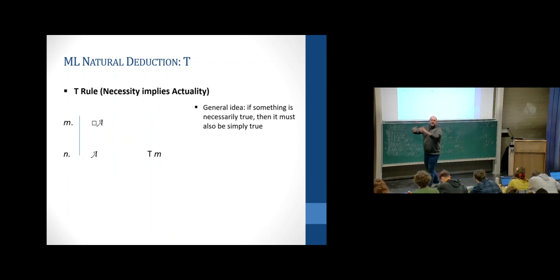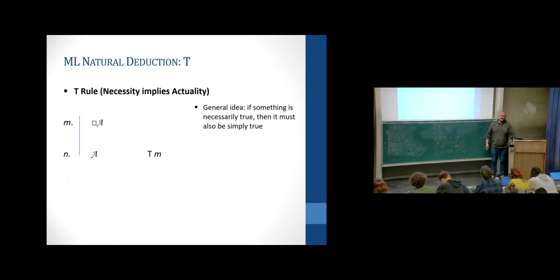So from box A, you can get A. Note that this is also in my swash font. Again, it's the idea that if something's necessarily true, then it must simply be true.